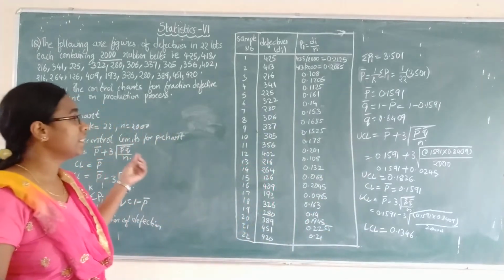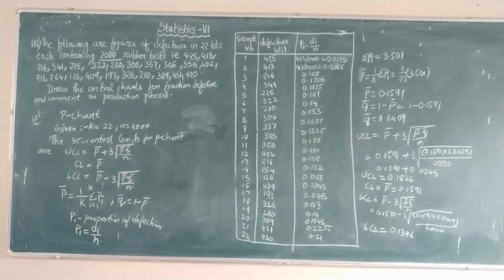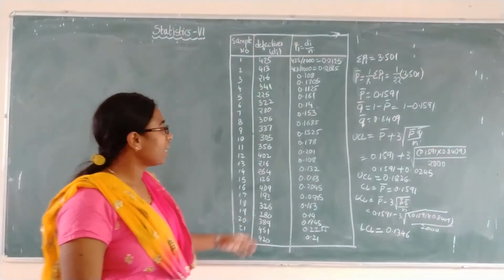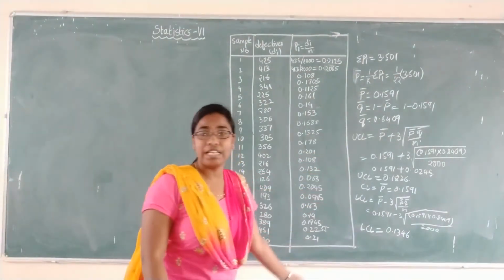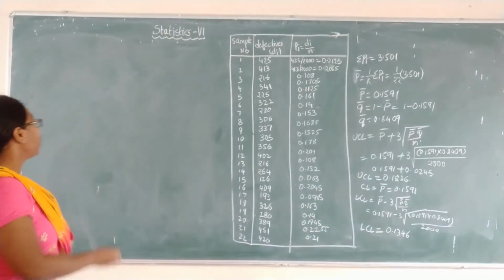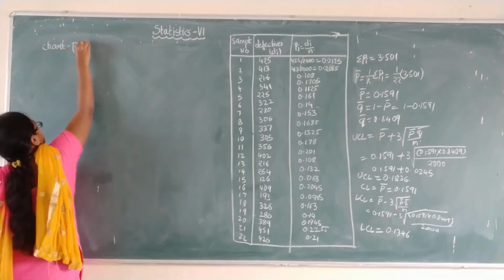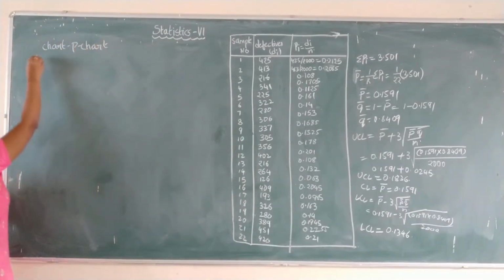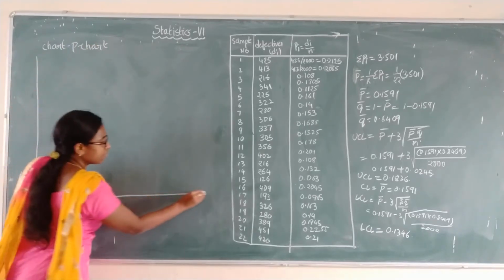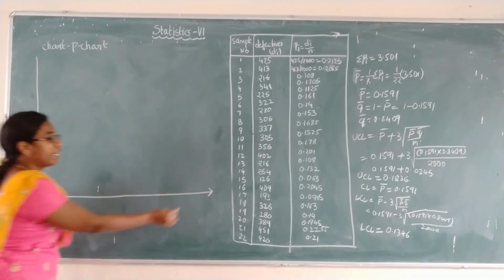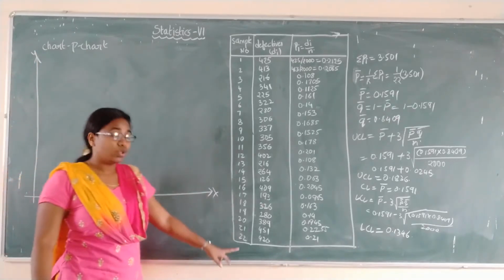Now we will represent these UCL, CL and LCL values on a graph and plot all the pi values. We have calculated the values of UCL, CL and LCL for the p chart, and now we will draw the chart. For this, first draw the x-axis and y-axis. On the x-axis we write the sample number. How many samples do we have? Total 22 samples.